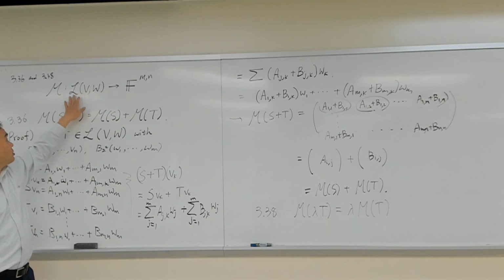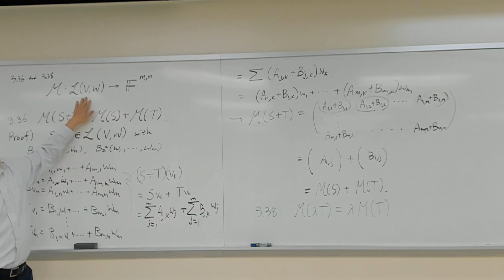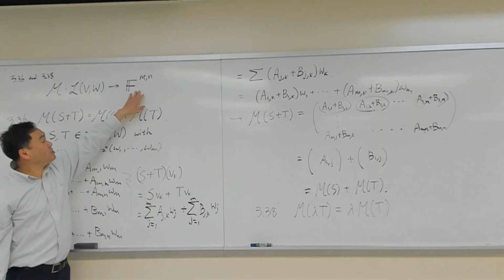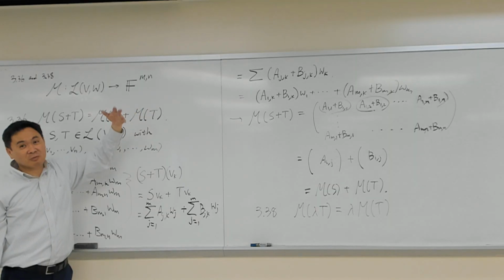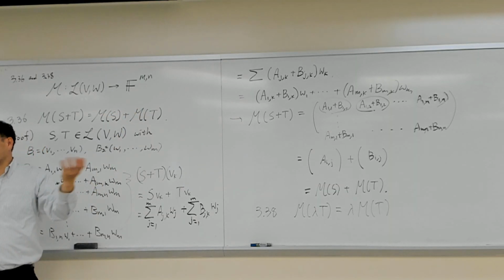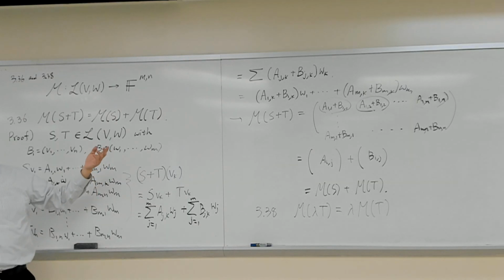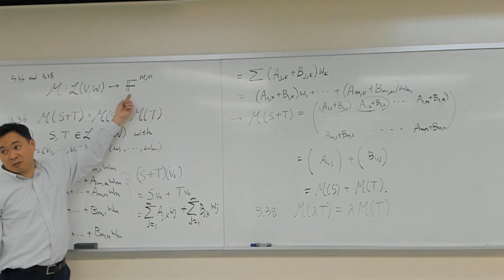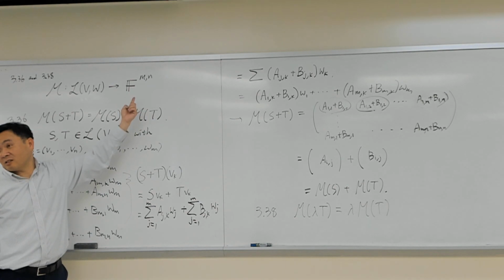We also learned last time that the space of linear maps is a vector space, right? And this one is also a vector space, like lots of real numbers arranged in some format. What's the dimension of F^{m,n}? What do you think? m times n, right?